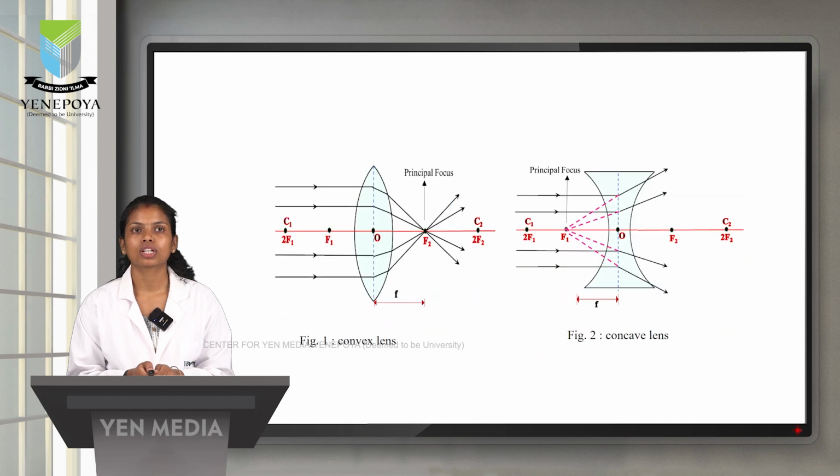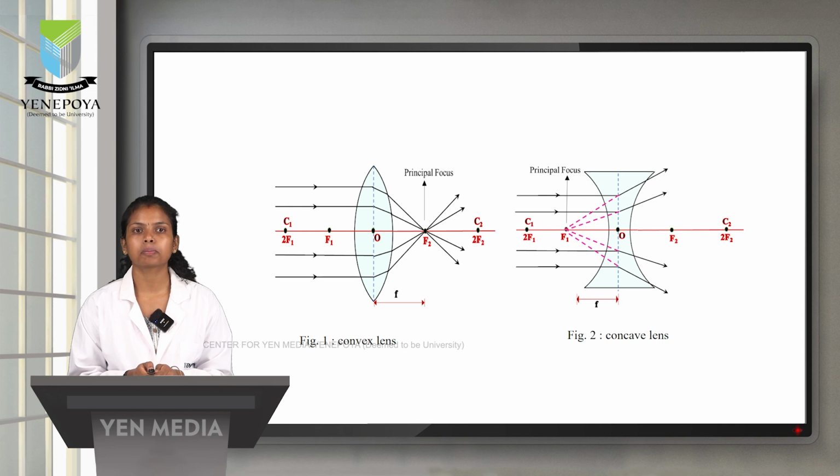The other terms used in lenses are principal axis. It is a horizontal line joining the two centers of curvature across the lens. It is depicted with a red horizontal line in both the figures. Principal focus.